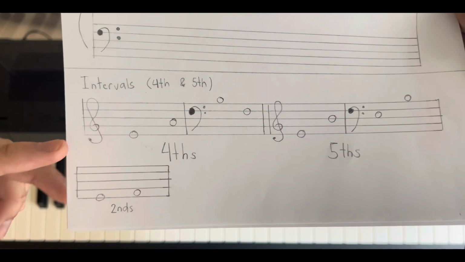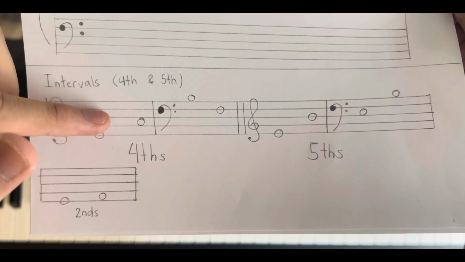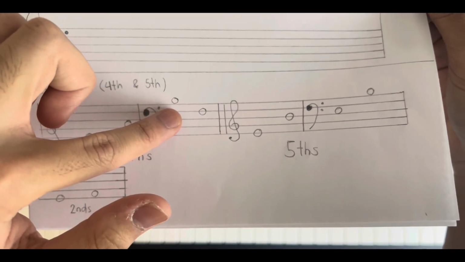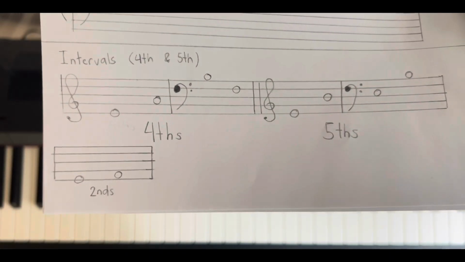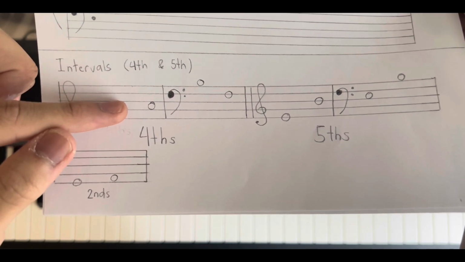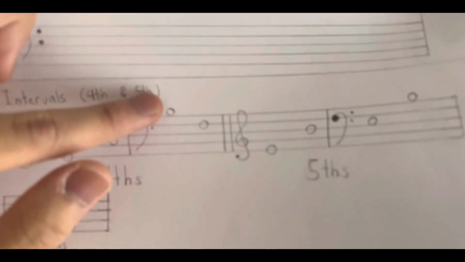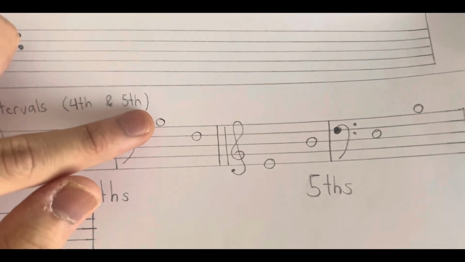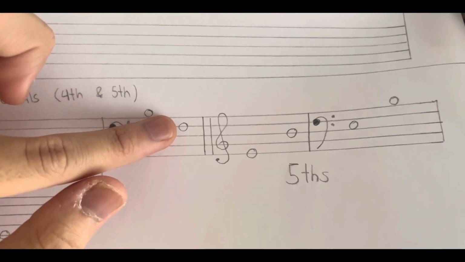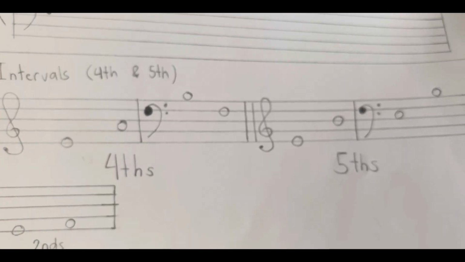But the difference is that fourths skip an extra line note, or an extra space note. So to make this clear, it starts with a line note, and it skips another line note, and it ends on a space note. And the other example is you start on a space note, and it skips another space note, and it ends on a line note. When you play a fourth, it sounds like Here Comes the Bride.